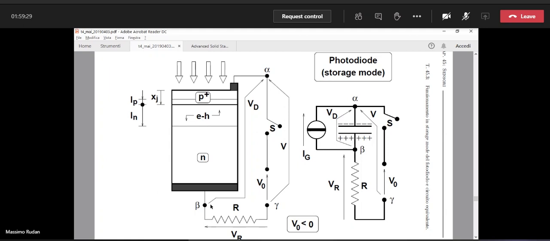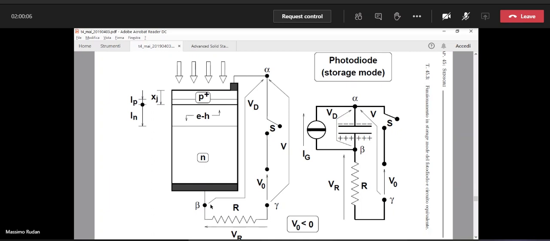So the new charge that is integrated will add to the old charge, and the signal will be polluted by noise, okay? It will be a wrong signal, okay? So the interval of time during which we keep the switch closed is called sampling time and must be long enough to restore the initial condition in the device, okay?